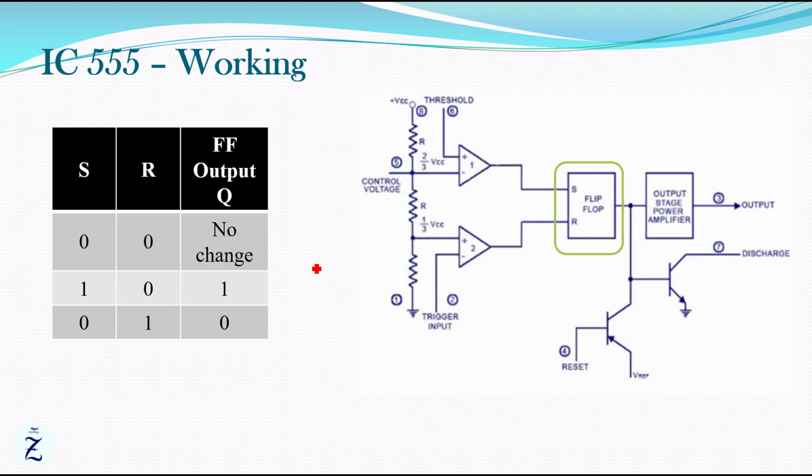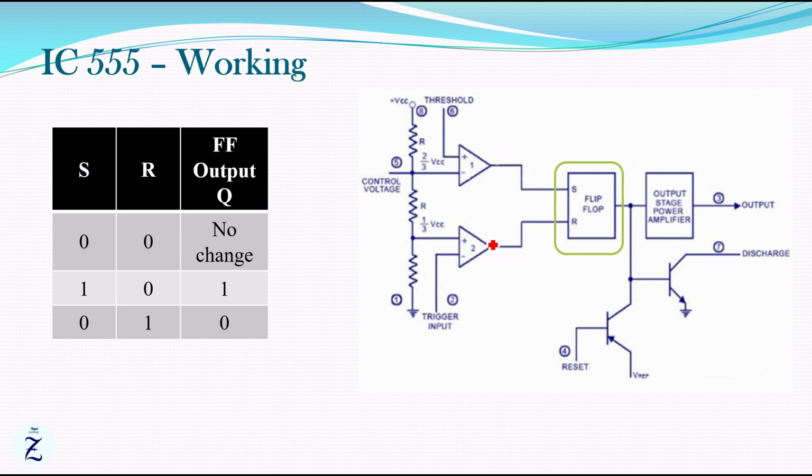These two comparator outputs are connected to the next stage, which is a flip-flop. The first comparator output is connected to the set pin of the flip-flop and the second comparator output is connected to the reset pin of the flip-flop.